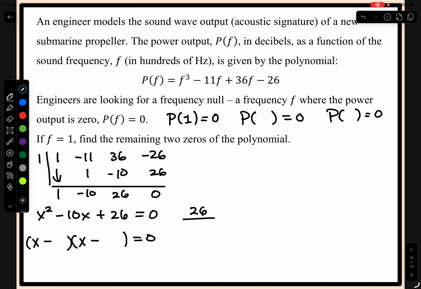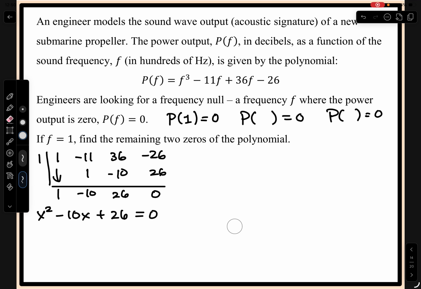The only options are 1 and 26, which obviously are not going to give us 10, so that option is out. The only other factors of 26 are 2 and 13, and that doesn't give us 10. No combination, right? So that means that factorization is not an option.